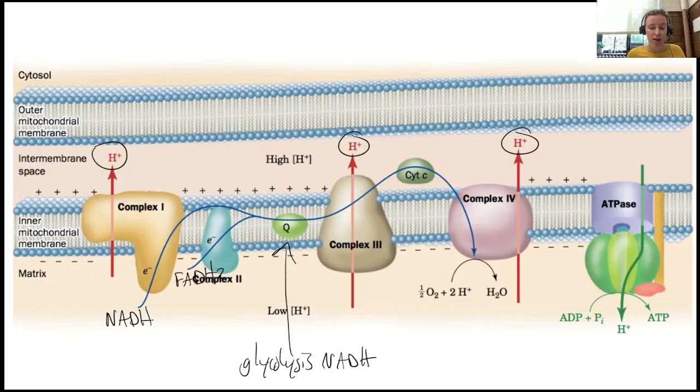At this point in time, folks, we can see how we have been pumping all of these protons into the inner membrane space, and this results in a high concentration of protons in the inner membrane space.